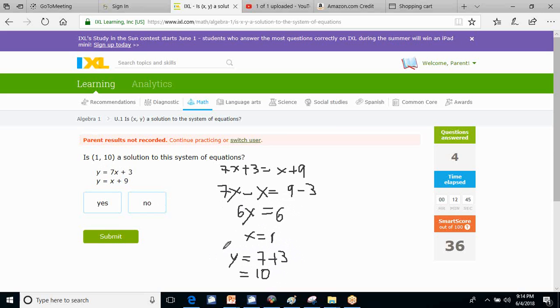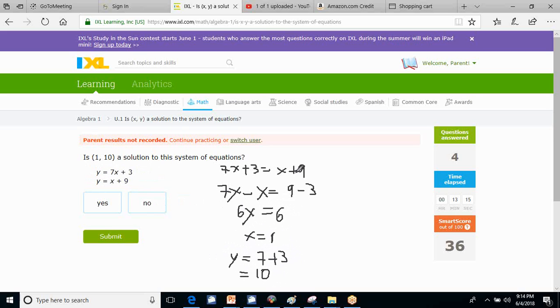That's equal to 10. So when you get equations like this, you have two unknowns. You solve for one first, and then when you get one, you just plug it in the equation and get the other one. Okay? You know that y is equal to 7x plus 3, y is equal to x plus 9.